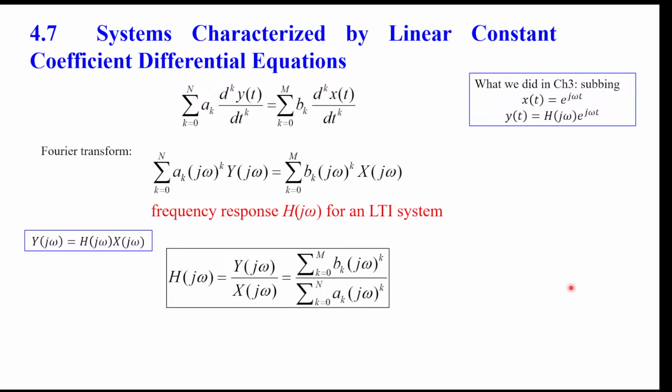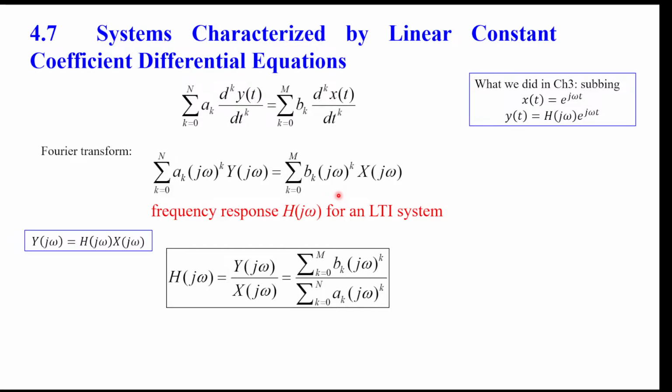The big application of Fourier transform is you can use it to solve differential equations. We use Fourier transform by taking the Fourier transform on both sides, and then the differentiation just gives you extra powers of j omega. So d^k dt^k becomes (j omega)^k, and you move things around.